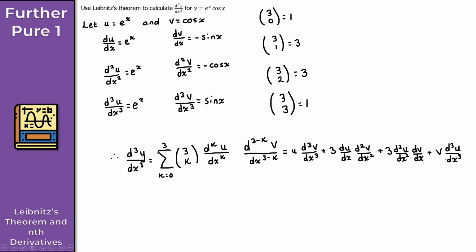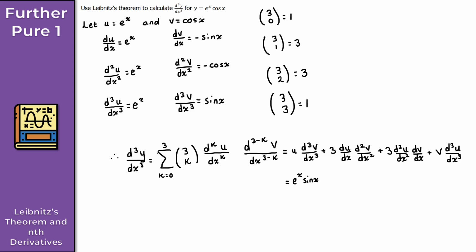Okay, so let's use all of these substitutions here then, or what these expressions are equal to, I should say. So u times the third derivative of v here. So that's u, which is e to the x here, times sine x. So I get e to the x sine x, like so.